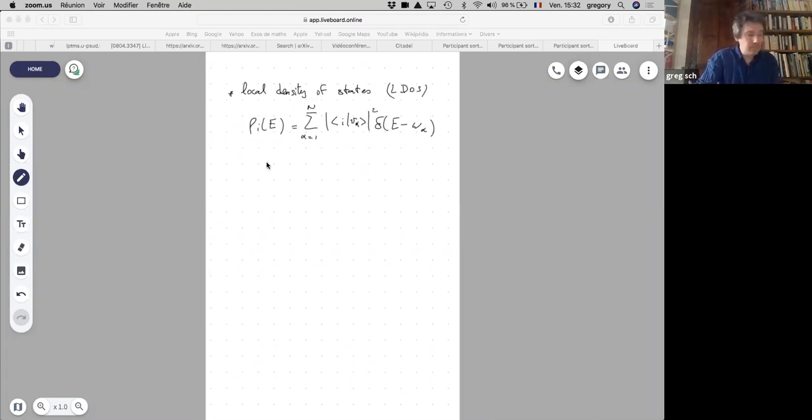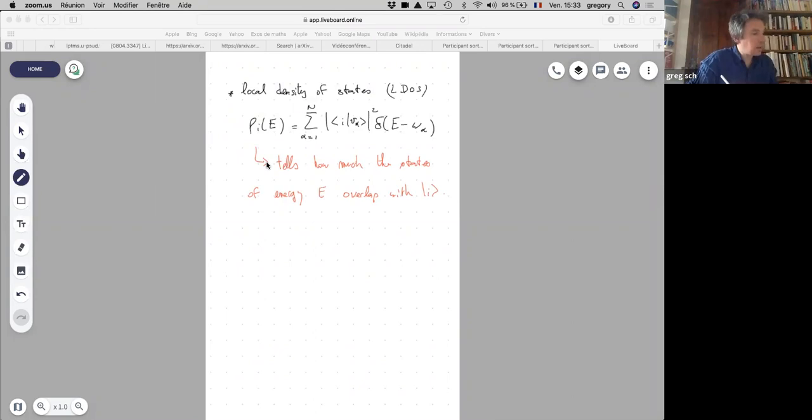So that depends on I. And that's much more interesting now, because it tells me how much the states of energy E overlap with I. So I now get some additional information from the eigenvectors themselves.